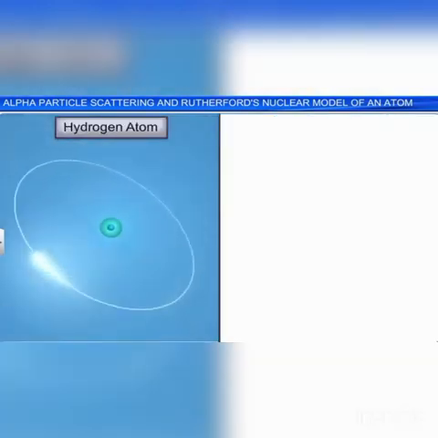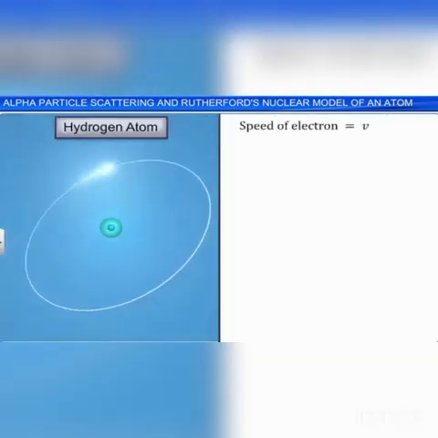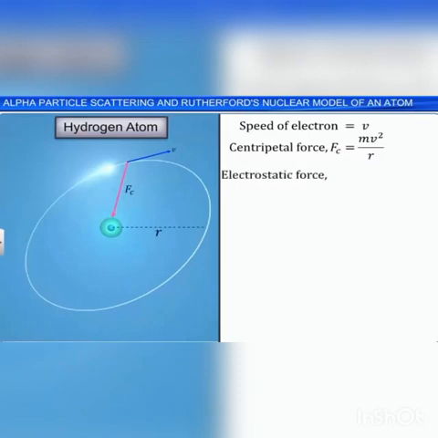For the electron revolving with speed v, the centripetal force Fc is equal to mv square by r. The electrostatic force of attraction Fe between the electron and the proton in the nucleus of the hydrogen atom, separated by a distance r, is given by Fe is equal to 1 by 4 pi epsilon naught into e square by r square.